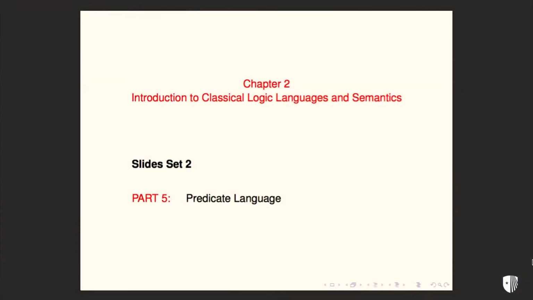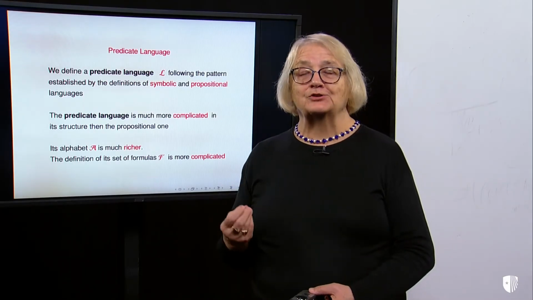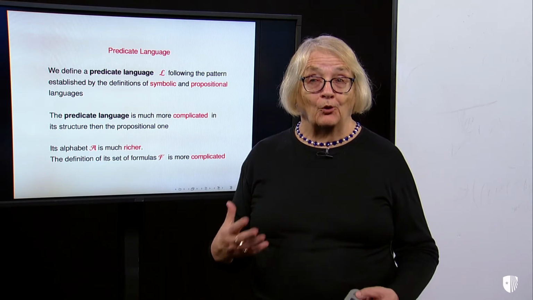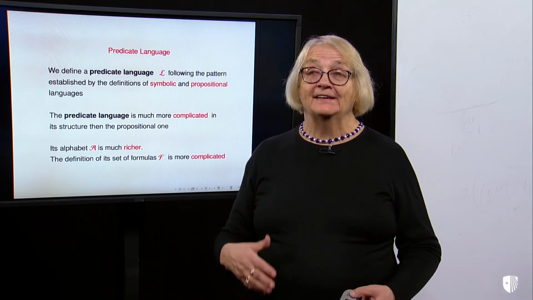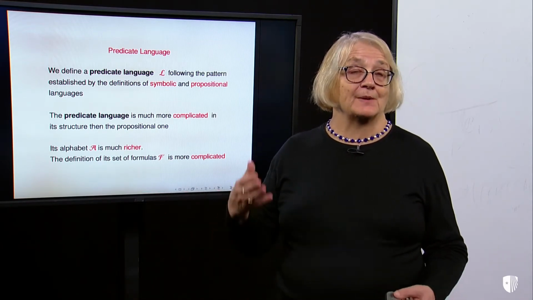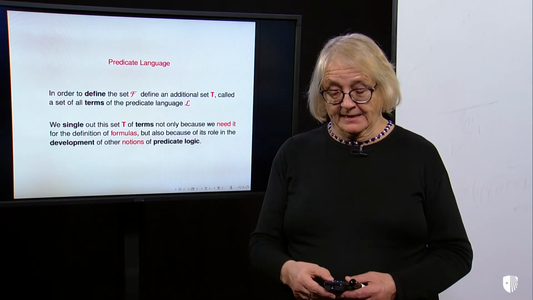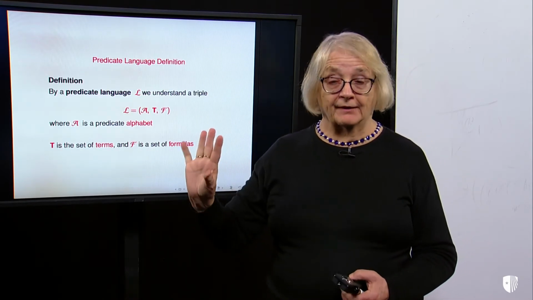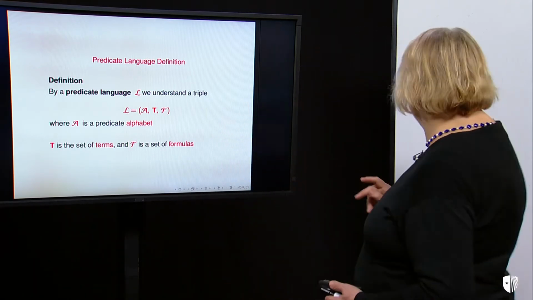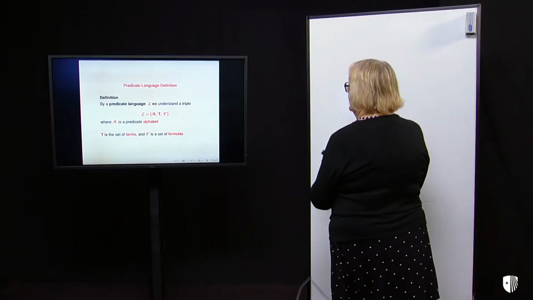So now we move to predicate languages. Of course, predicate language is much more complex and complicated. Our alphabet is much richer. And so to define predicate language, here we have, and I'm going to write it because I will refer to it again and again.